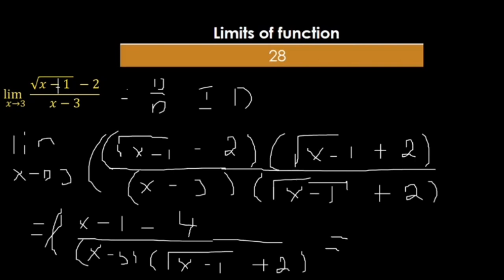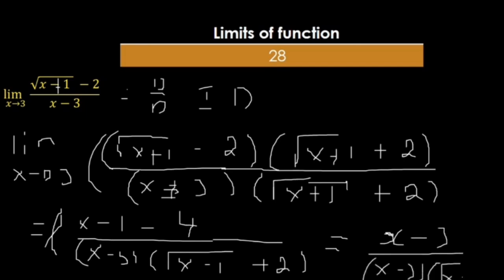Okay, here was plus, we forgot that. Now here is minus, here is plus, plus. Okay, that is x minus 3 all over x minus 3 times square root of x plus 1 plus 2. This and this will cancel. You have the limit, and if you substitute 3 directly, what do I have?